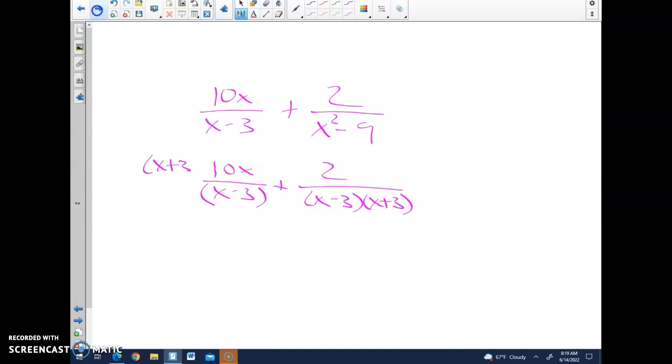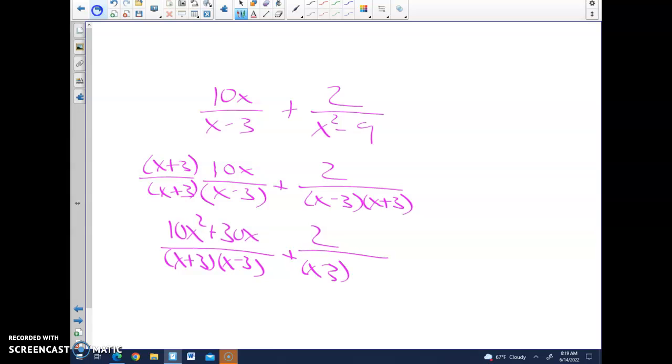So I've got to force the x plus 3 in. So on top, it's 10x squared plus 30x over x plus 3, x minus 3, plus 2 over x minus 3, x plus 3. Now, once I have the common denominator, I can write that down right away.